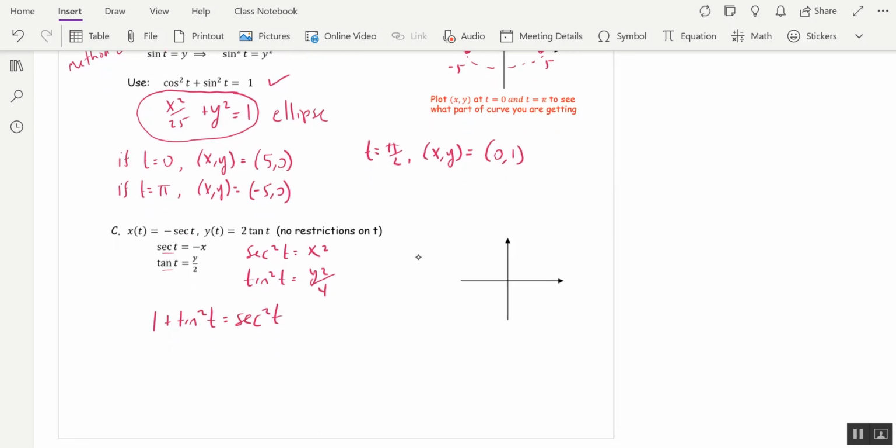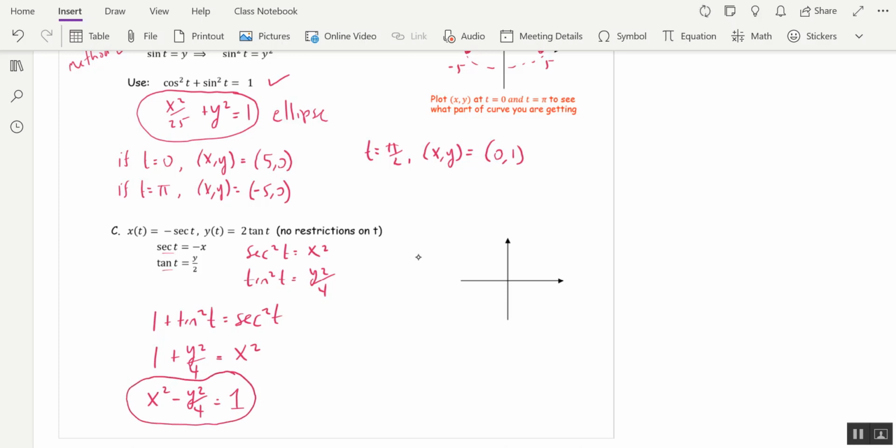So I replace tangent squared with y squared over 4, and I replace secant squared with x squared. Now let's get that into standard form. Let's move the y squared over 4 to the other side. So I get x squared minus y squared over 4 is 1. So that's my Cartesian equation. Cartesian, again, just means x and y.